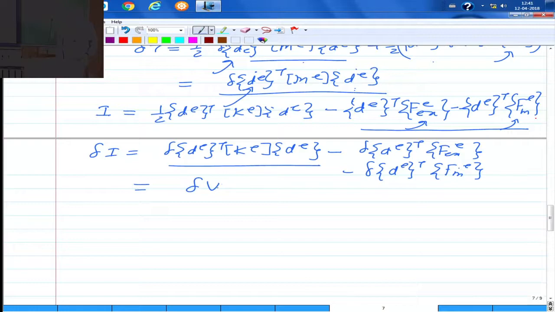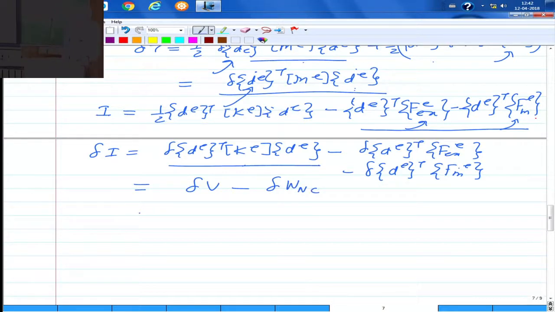So essentially we can put this under the variation of potential energy of conservative forces, and the other part I can put as plus the virtual work of non-conservative forces. Since I am writing in terms of work, let me not put a minus sign here. I'll put the minus sign with the virtual work, so I'll put minus delta W nc.